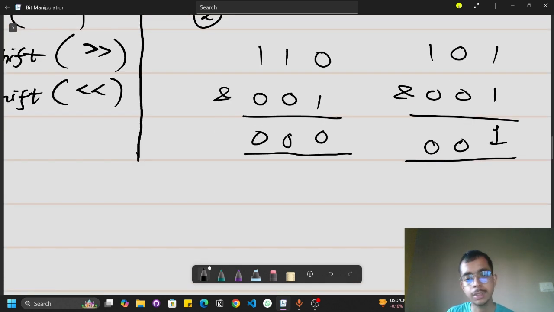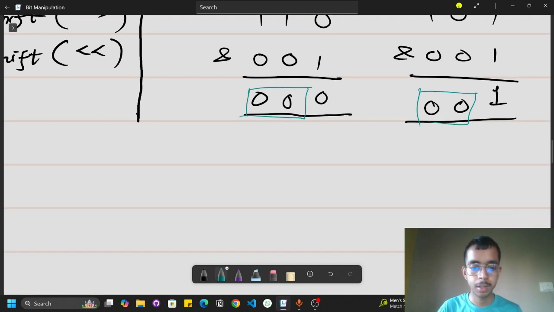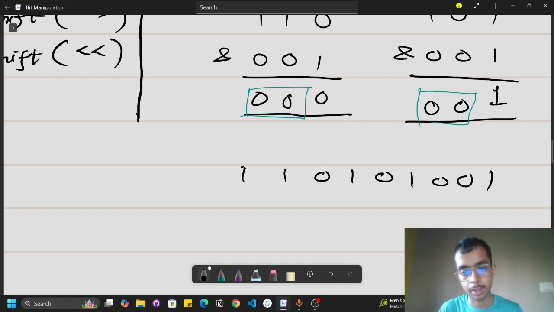Now you will say, okay, there's nothing useful here. But can you look at this section here? You'll say, okay, there's nothing special here. Both of them are same. Okay. I'll tell you another example. 0, 1, 0, 0, 1. Okay.